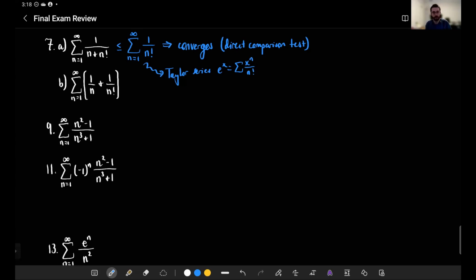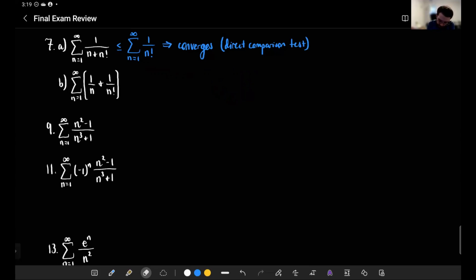And so, if you know that, which maybe you don't, but whatever, then plug in 1 for x, and 1 to the n becomes 1, so you get this series. So you get an actual value for this series. This series is exactly equal to e, which is not infinity, so it converges. I guess our series is very slightly different. It starts at a different value, but that doesn't make a difference in the convergence. Okay, either way, the direct comparison works.